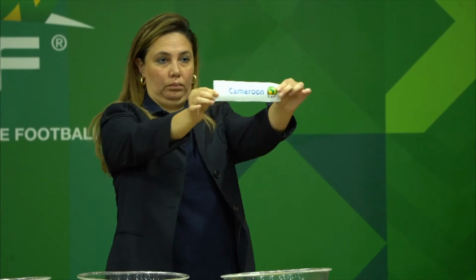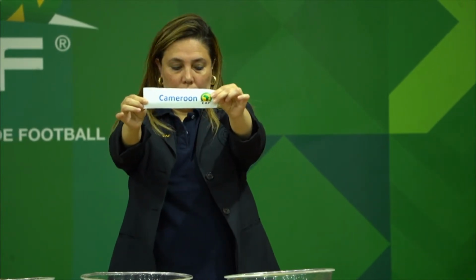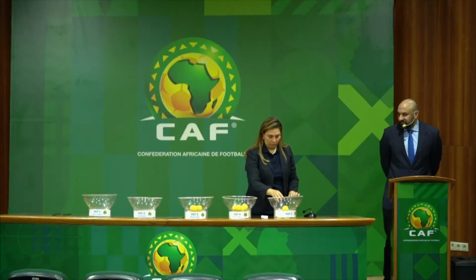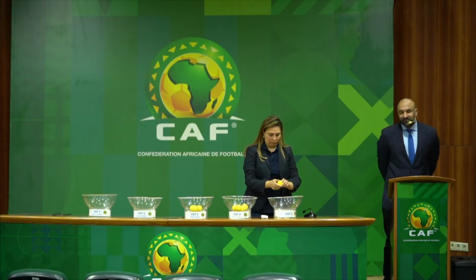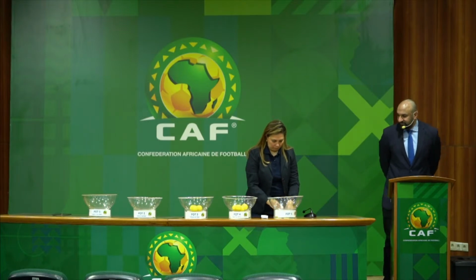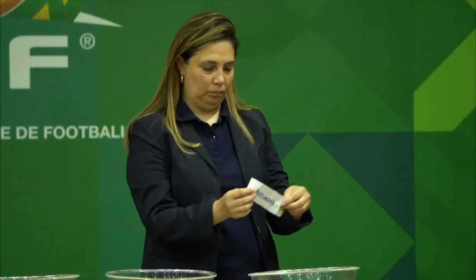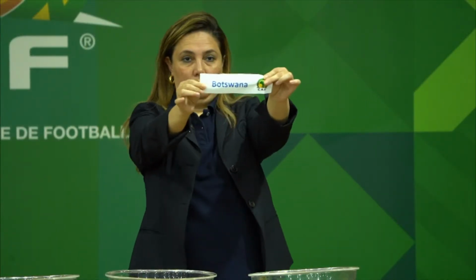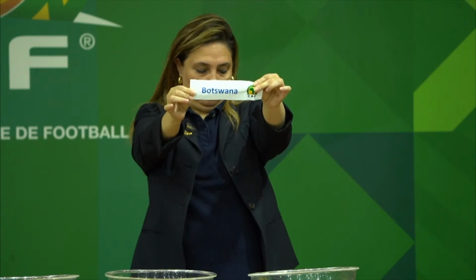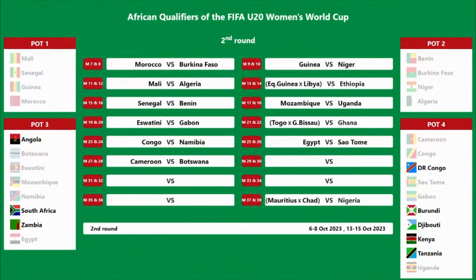Cameroon, eliminated from the fourth round of the previous edition, will play against Botswana. Botswana was eliminated from the third round of the previous edition. Okay. The next 2.